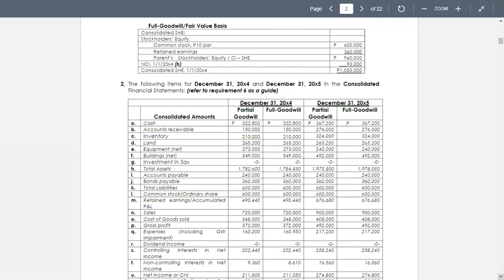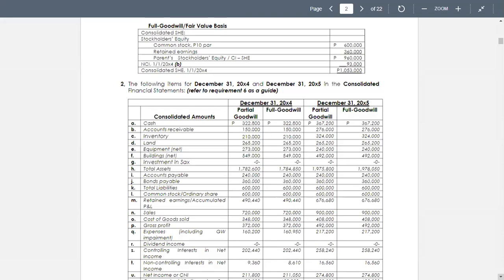For equipment, we are adding equipment of 240 and 180. So that's the total of 420,000. However, we are deducting the accumulated depreciation because, as stated, equipment is at net. So meaning 240,000 of Pascal, and then SACS 180, total is 420,000.